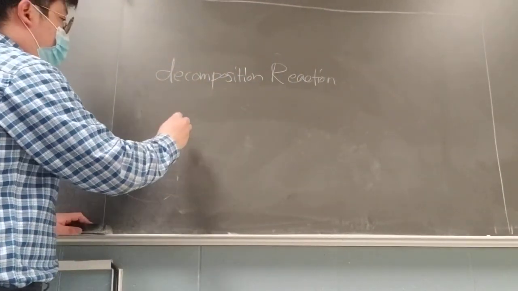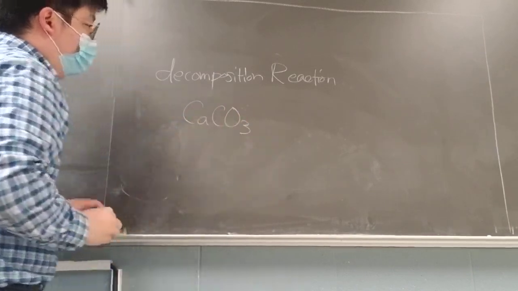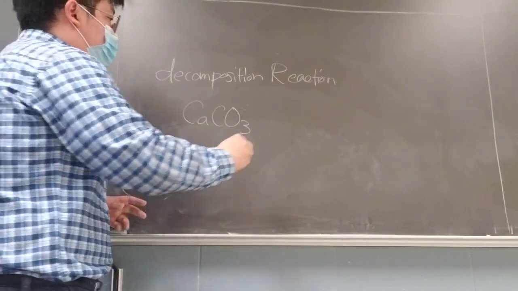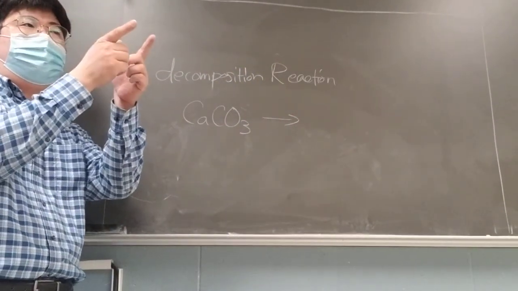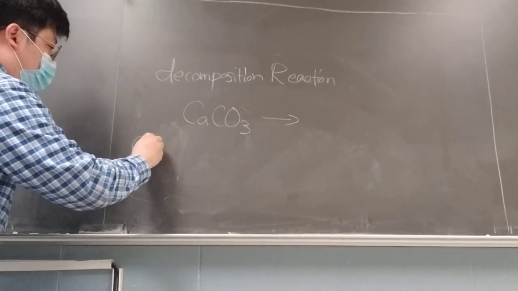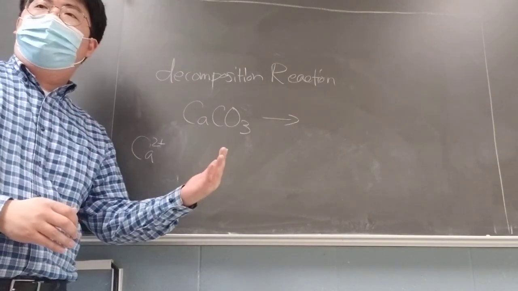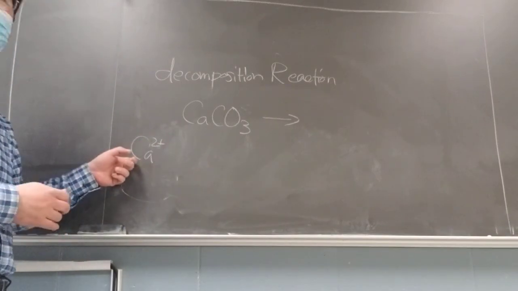If you have calcium carbonate, if you look at the calcium in the periodic table, it's in group 2. So you know calcium is 2 plus for sure. Unlike the ones in the transition metals, it's set, because we know it's in group 2. It should have a 2 plus charge.